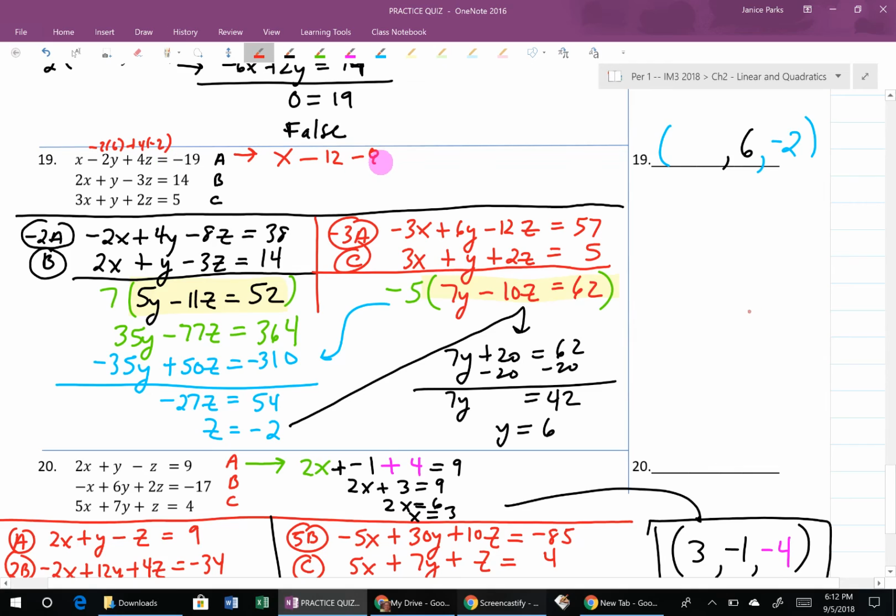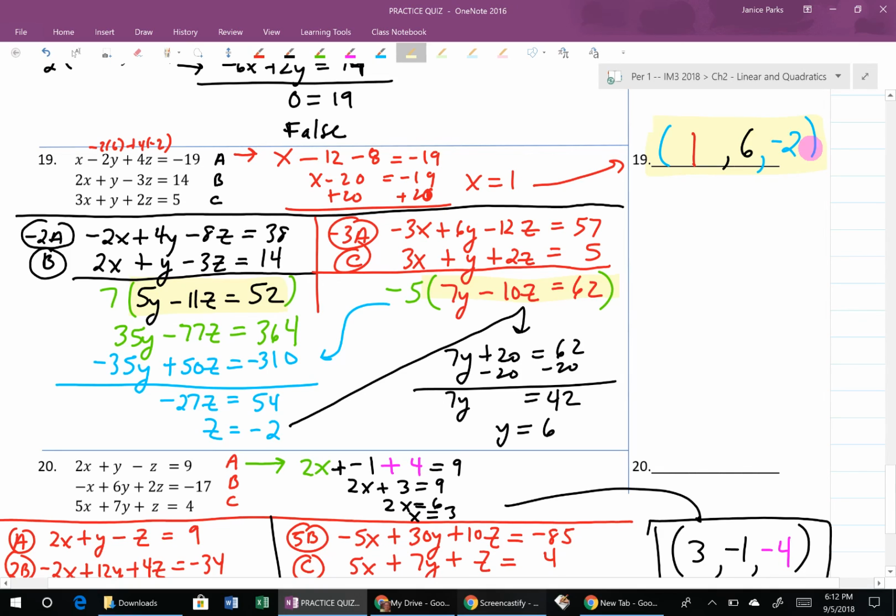That gives me minus 8 equals negative 19. If I combine these and then add 20 to both sides, you get x is equal to 1. So that's the final answer for x, y, and z, and you write them as an ordered triple.